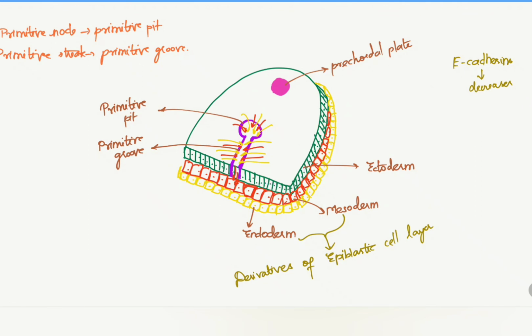So the epiblastic cells from the epiblastic cell layer, after falling into the primitive streak, that is the primitive groove and primitive node, not only strengthen the caudal portion of the baby, but once they fall into the primitive groove, they start moving laterally and forwards on both the sides.